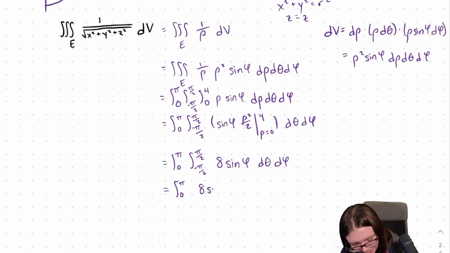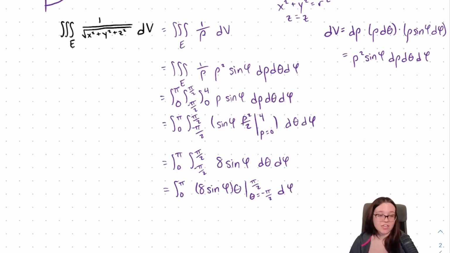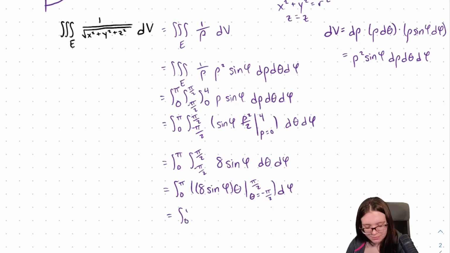So we're left with 8 sine phi theta, and we are evaluating from theta is negative pi over 2 to pi over 2. And then we'll do our phi integral. Put some parentheses on that. If I plug in pi over 2 minus negative pi over 2, I'm just multiplying by pi. So I've got the integral from 0 to pi of 8 pi sine phi d phi.